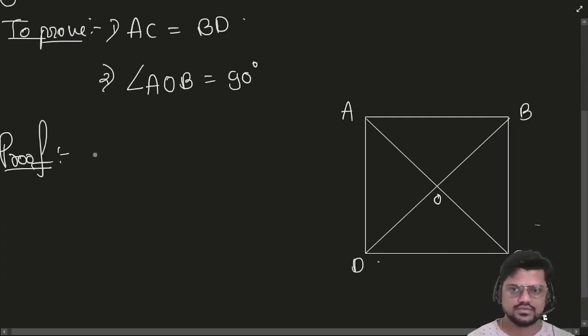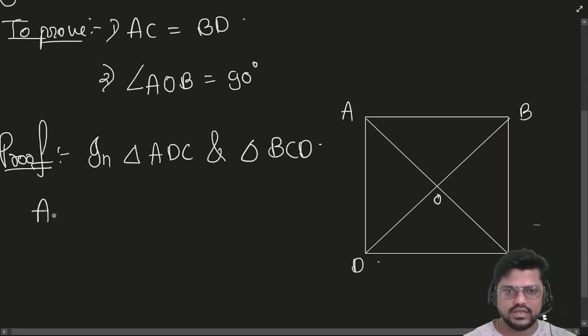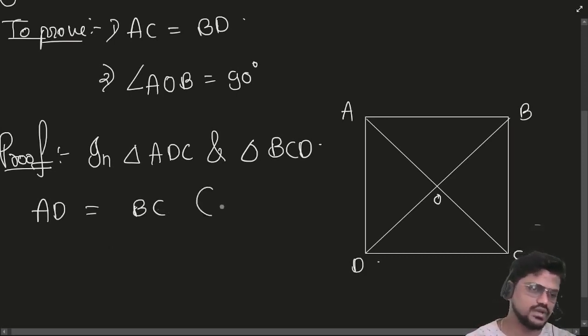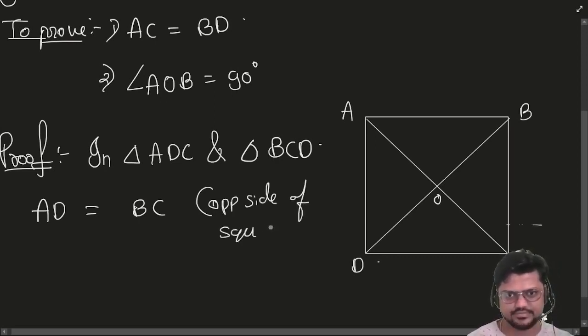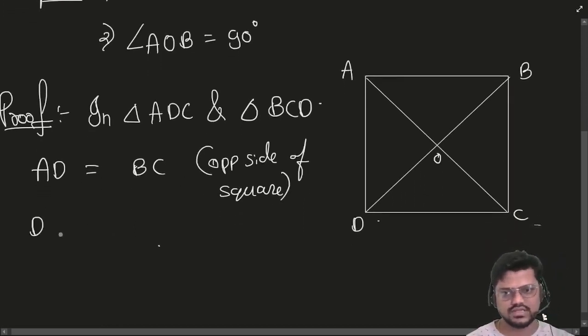If I take triangle ADC and triangle BCD, what do I know? AD is equal to BC. How? Opposite sides of a square. The next thing is DC equals DC.